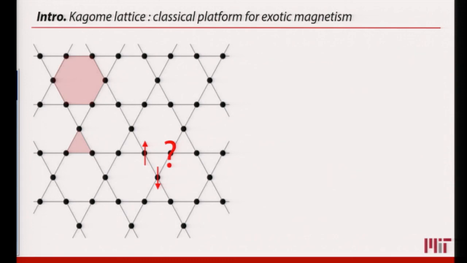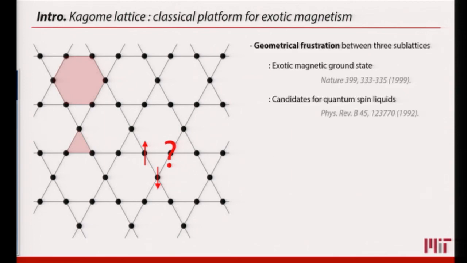In particular, if you place an atom in the middle of the hexagons here, you recover the triangular lattice. And you know that the first thing that comes to mind with the triangular lattice is geometrical frustration. The Kagome lattice indeed has been studied for quite a while now, especially in the context of exotic magnetic ground states such as quantum spin liquids, but has received relatively little attention with regard to its electronic properties.